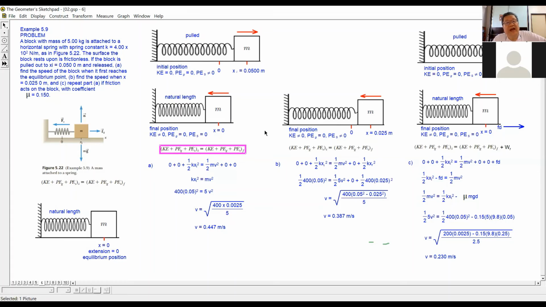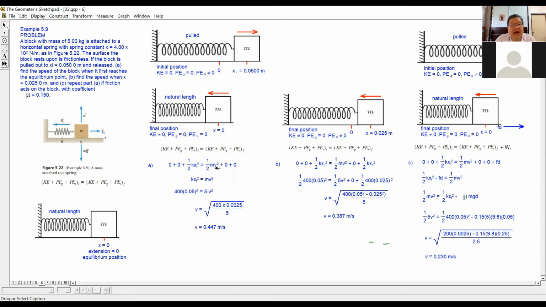The initial kinetic energy is 0 because you are holding the block, it is not moving. The initial gravitational potential energy is 0 because it's at 0 level. But the potential energy in the spring is not 0. It is half k x squared, not any x, but x_i.